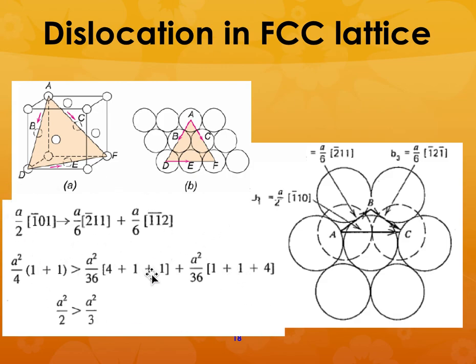If I tell you that G is the same on both sides, you can cancel out the value of G. So if you square this, b squared is equal to a squared by 4 times 1 plus 1, which should be greater than a squared by 36 times 4 times 1 plus 1, plus a squared by 36 into 1 plus 1 plus 4.